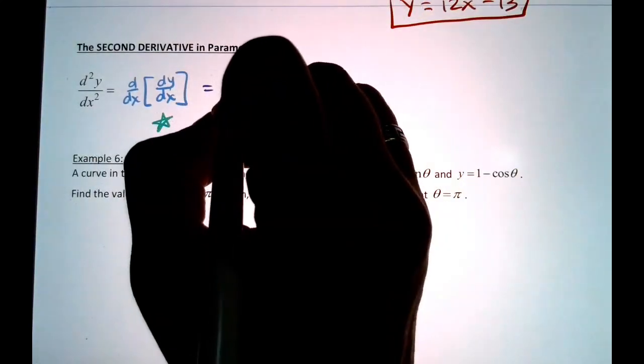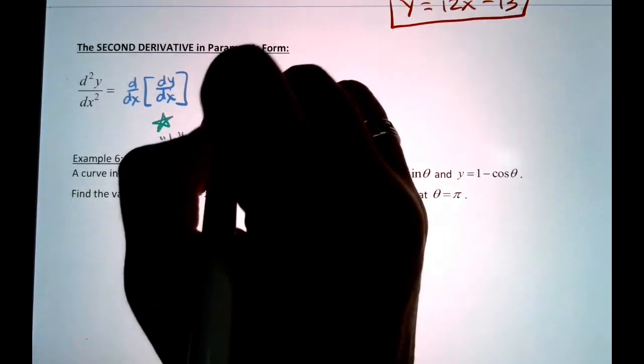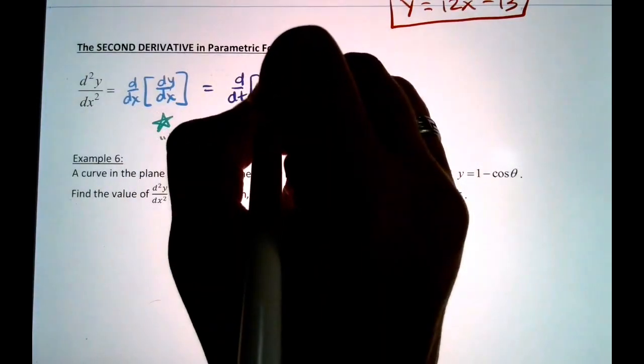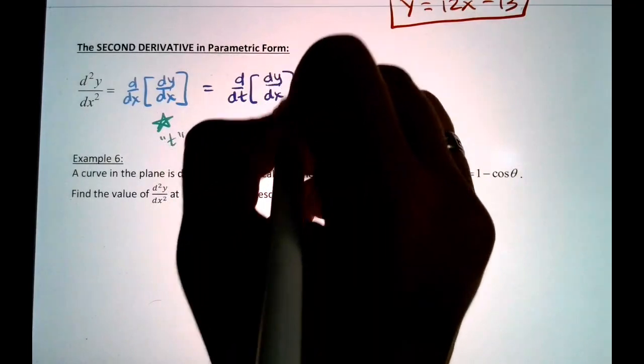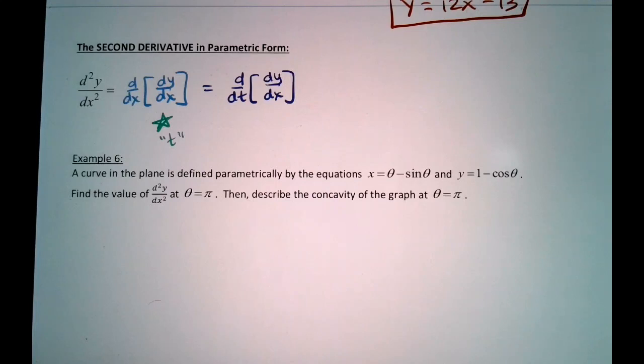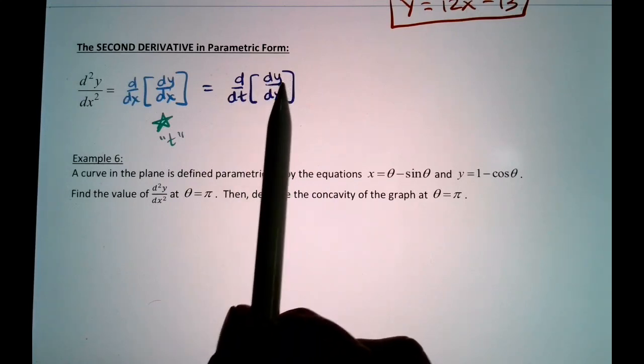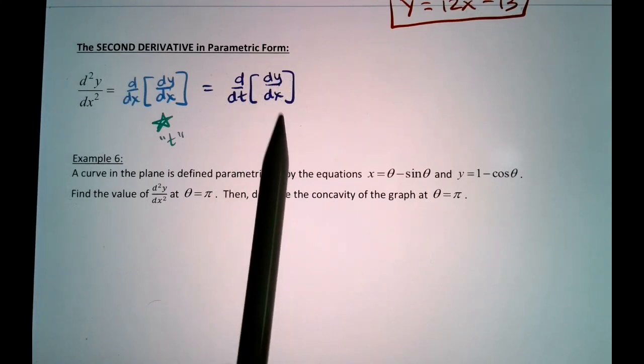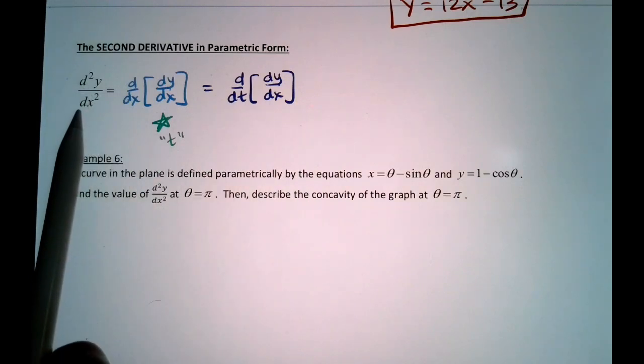I'm going to take the derivative with respect to t of dy dx, because that's all I can do. But you see how I have a variable problem here. Right now I have d squared y over dt dx. That's not what I want. I want d squared y over dx squared.